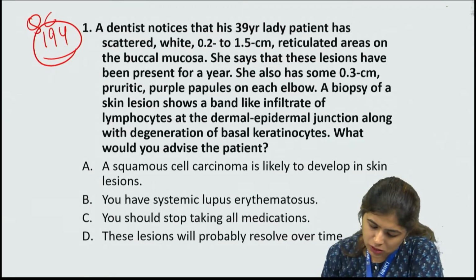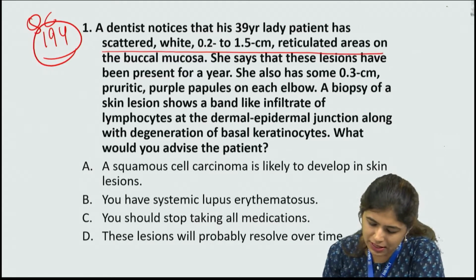A dentist notices that his 39-year-old patient has scattered white reticulated areas on the buccal mucosa, present for a year. Then she has purple pruritic papules on the elbow.